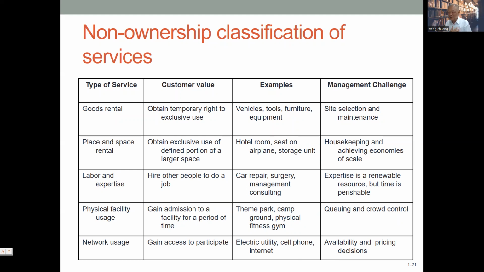Examples include hotel room, seat on an airplane, and storage unit. And the management challenges for this kind of service are housekeeping and achieving economies of scale.